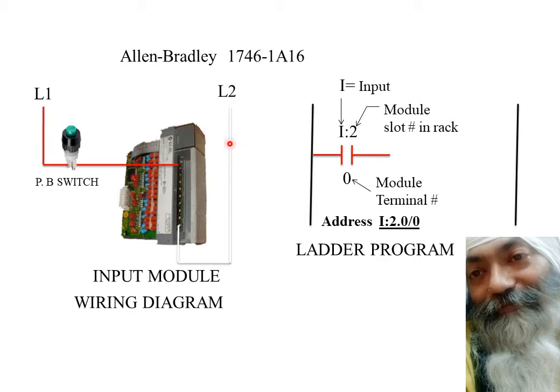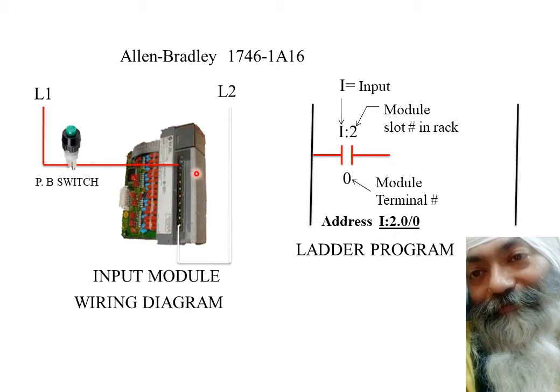This point is at number 2 position over here, so it is designated as I2. I means input, and 2 means the slot in the rack is 2, and 0 is the module terminal. You have various slots: slot 1, slot 2, slot 3, and in each slot you may have, let us say, 8 input terminals.